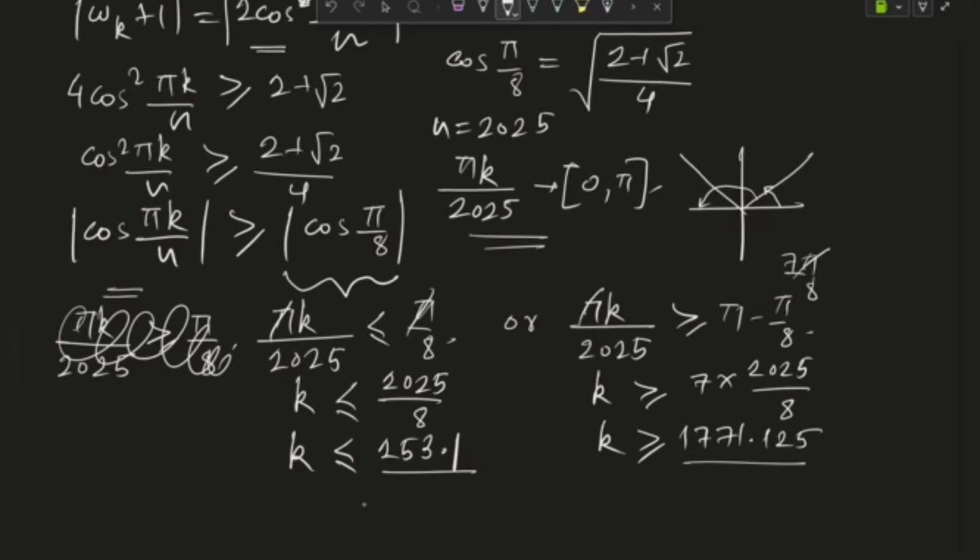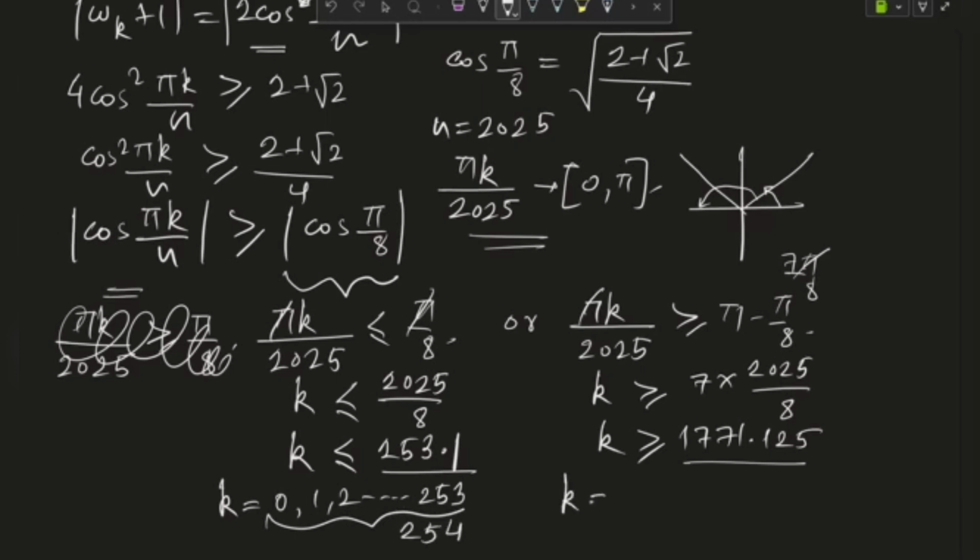So basically now if we try to write out the number of solutions from here, we have k less than or equal to, k is obviously an integer, it can't be a decimal number, so k here will be from 0, 1, 2 up till 253. So basically here we have a total of I guess 254 solutions.